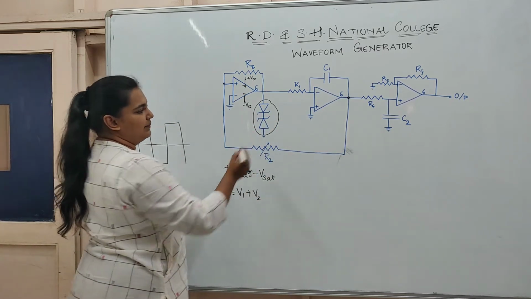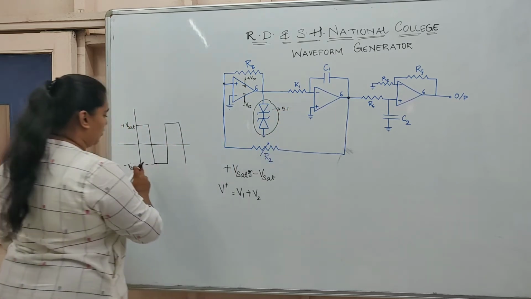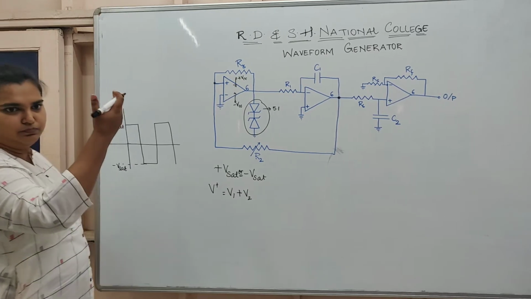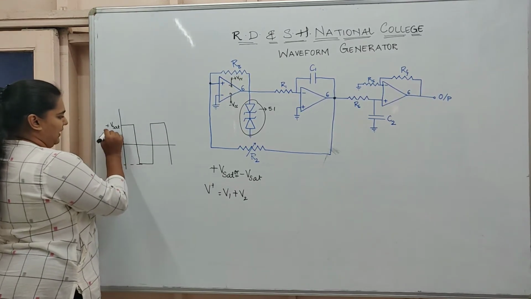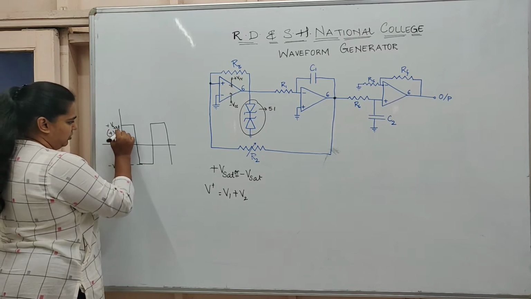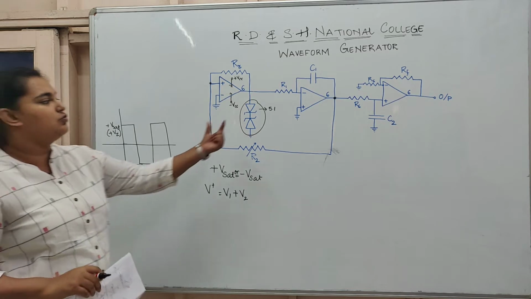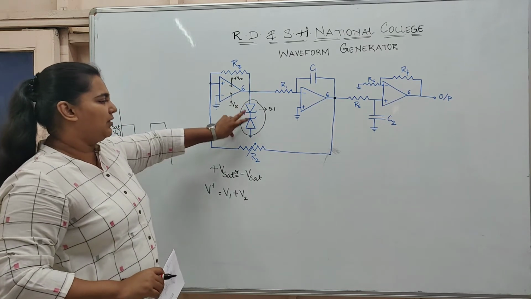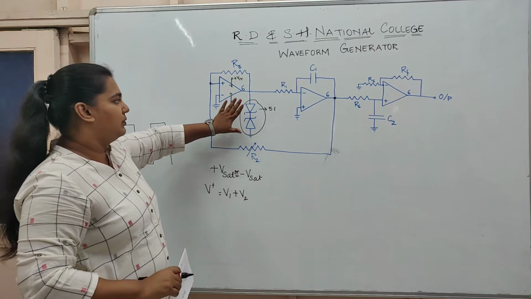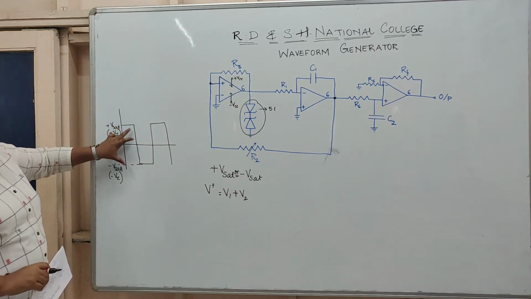Suppose this Zener value is 5.1. So instead of going from plus 12 to minus 12, now I will go from plus VZ to minus VZ. So this jump will now reduce to just 10.2. So the main reason for using a back-to-back Zener is to prevent this jump from such a huge difference.